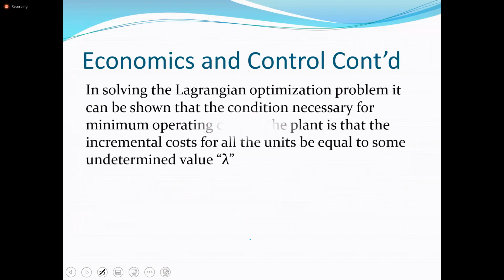All right, and if we solve the Lagrangian optimization problem, what we find is that the condition for minimum operating cost for the plant is that the incremental cost for all the units must be equal to some undetermined value, lambda.